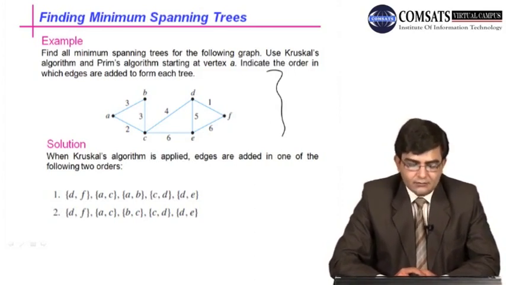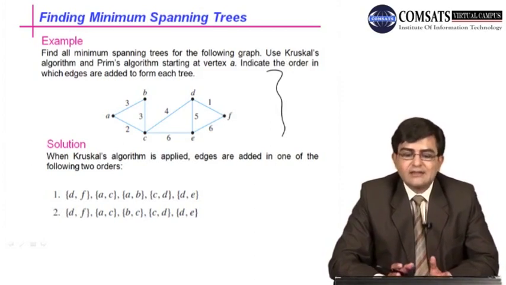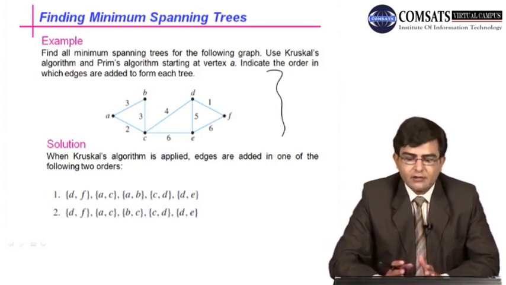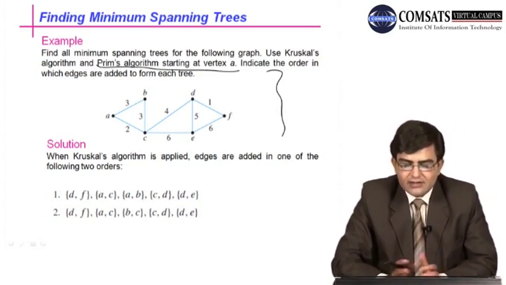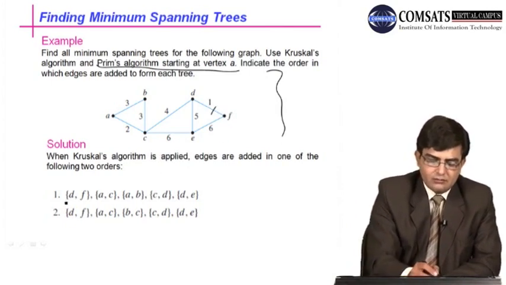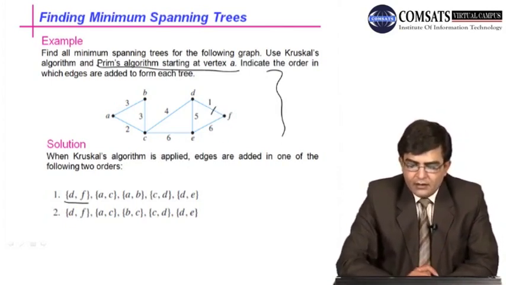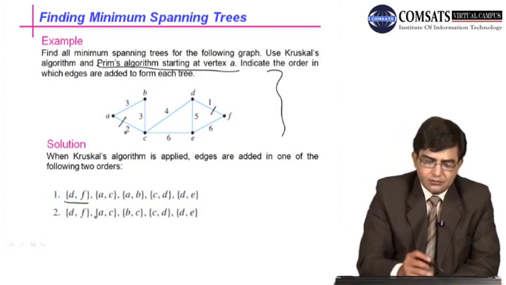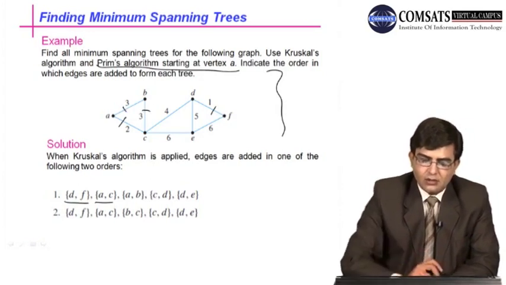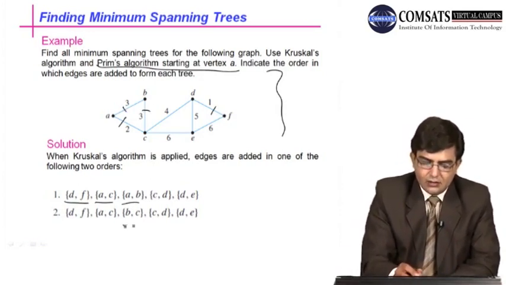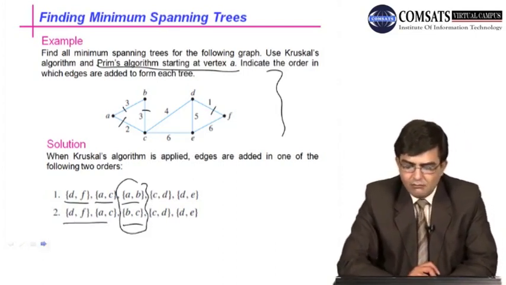The starting point A is given for Prim's algorithm, starting at vertex A. So for Kruskal's algorithm we find an edge which has minimum weight, which is this one, so we add DF, and then the minimum is 2, so we add AC, and then the minimum is 3, we add either this or this, so we can add AB or BC. Here we have two possibilities, the rest is the same.